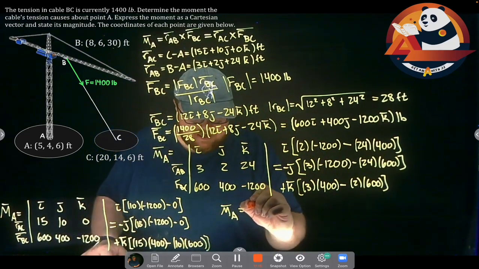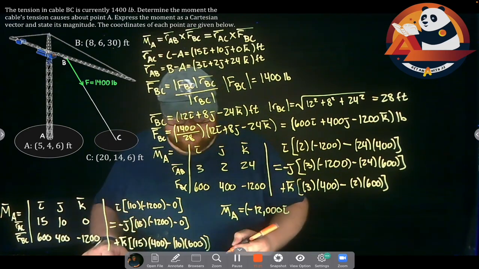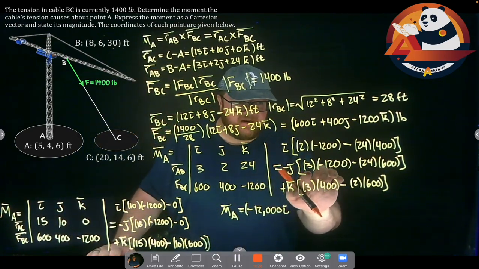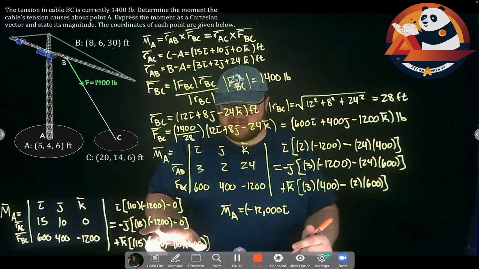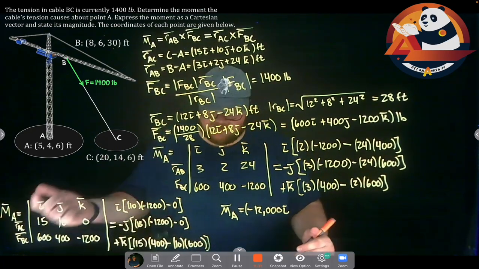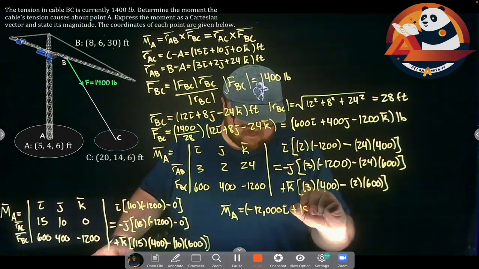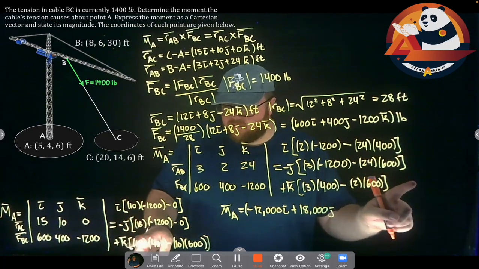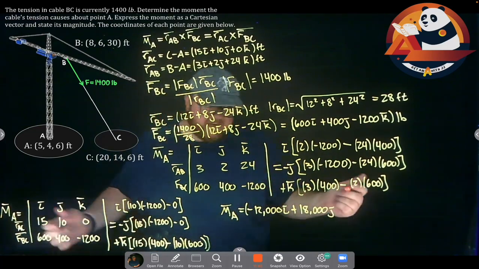This is negative 12,000 I. Whether on the J I do negative times 3 times negative 1,200 minus 24 times 600, or 15 times negative 1,200 and make that a double negative, I'm going to get here plus 18,000 J. And again, no matter which set of numbers I work with in here, I'm going to get the same K piece. This is going to give me 0.